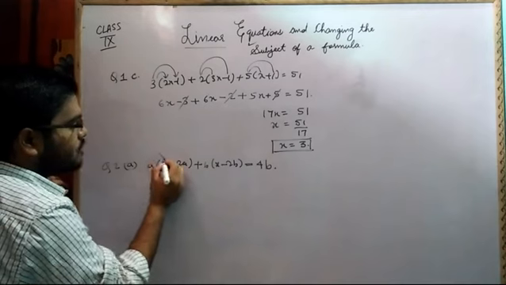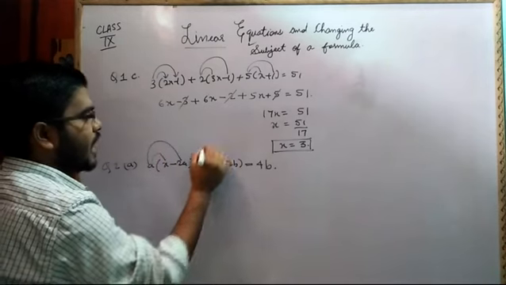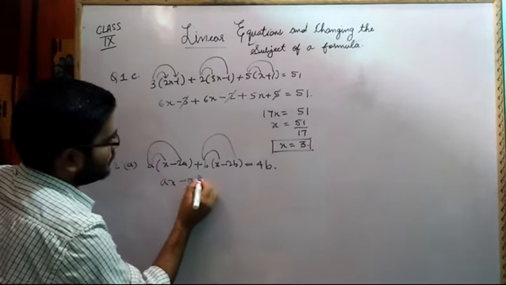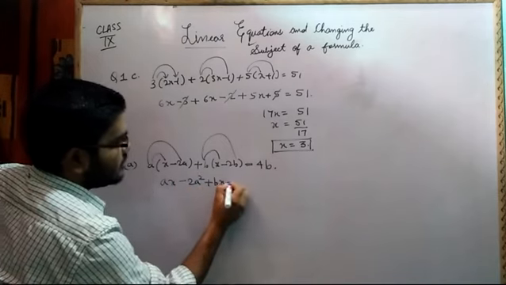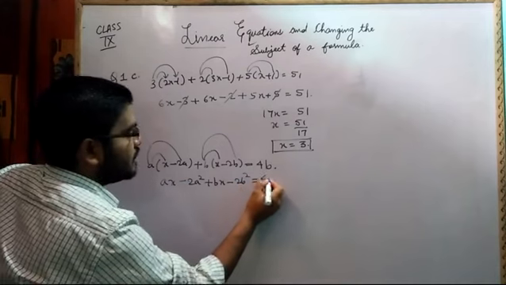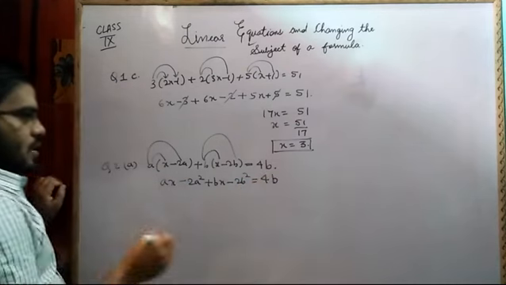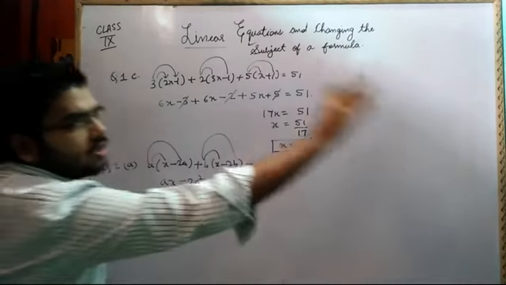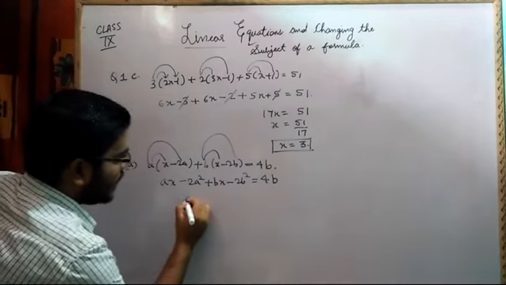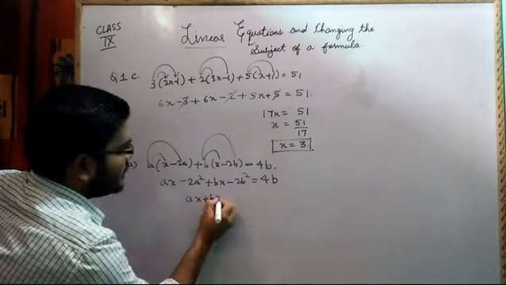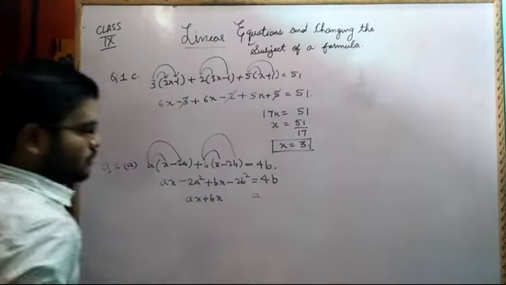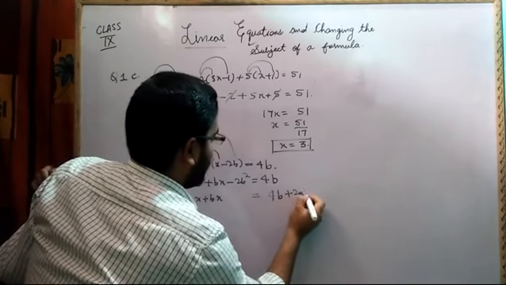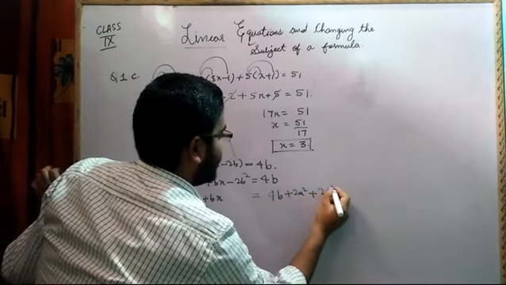So no common parts can be taken out. First what we have to do is multiply and then open it. So it will be ax minus 2a square plus bx minus 2b square is equal to 4b. Now what I told you, collect all the x terms together and all the constants towards the other side. So here we have ax plus bx is equal to 4b plus 2a square plus 2b square.